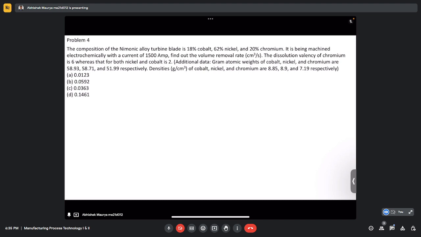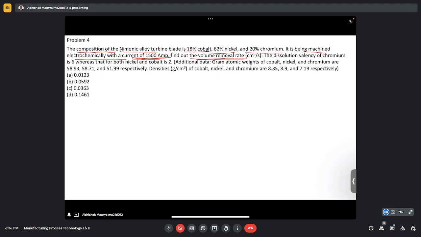So first of all, let's try to understand what has been given in the problem. The composition of the alloy that is used for the turbine blade is 18% cobalt, 62% nickel, 20% chromium. It is being machined electrochemically with, we can see the current value is very high, 1500 amperes. Find out the volume removal rate, that we need to find out.